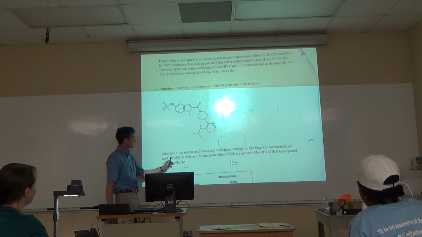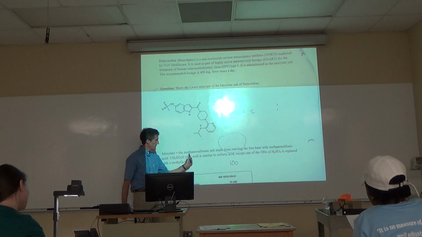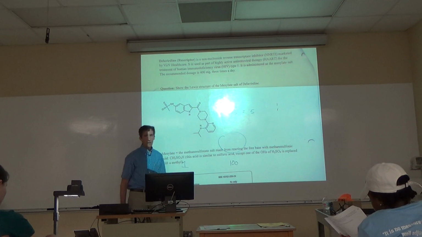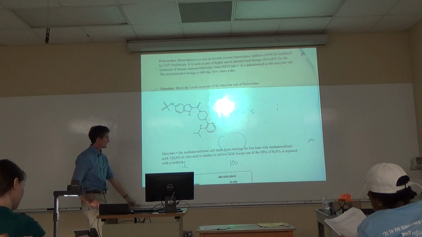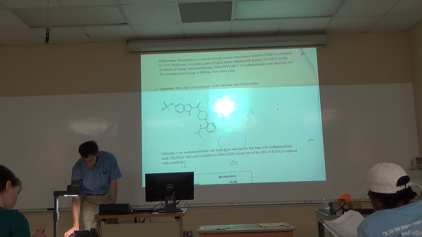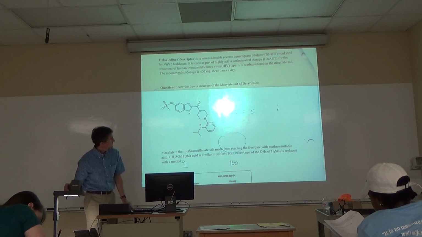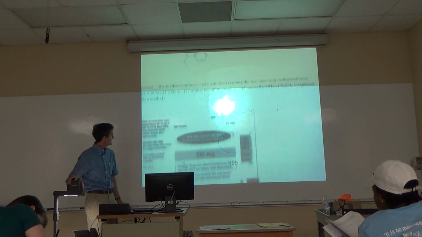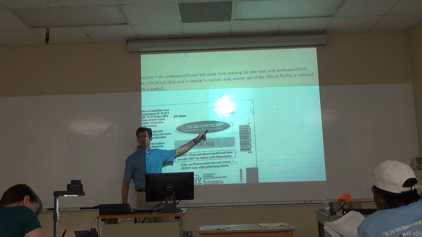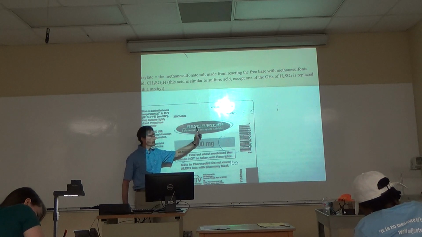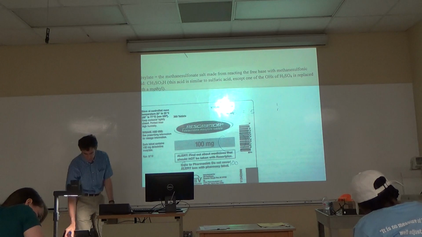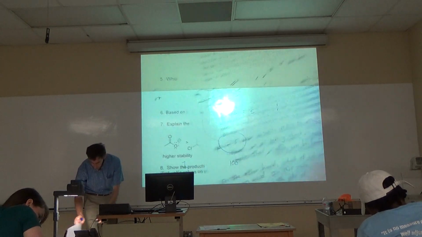Instead of HCl or HBr, I'm showing this acid, which is an organic acid because it has a carbon, called methane sulfonic acid. This drug is the mesylate, not the hydrochloride. So there are lots of other acids that can be used to make salts or bases, etc. Okay, for information.